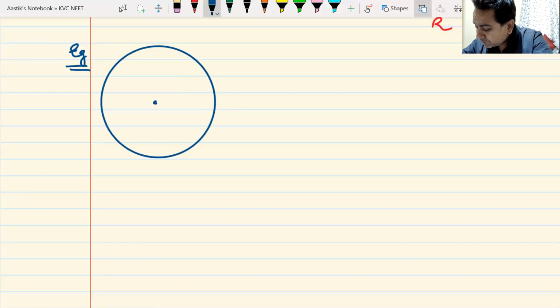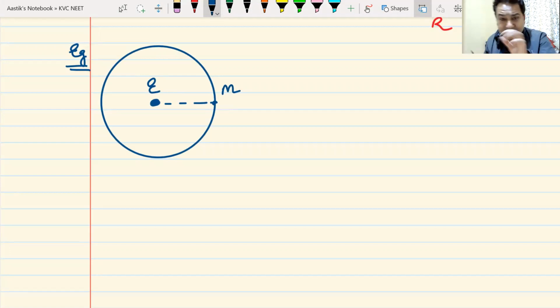Let us say this is Earth. The center point is Earth. And this gentleman is moon, small m. Now this moon is moving around the Earth, and the path is almost circular.